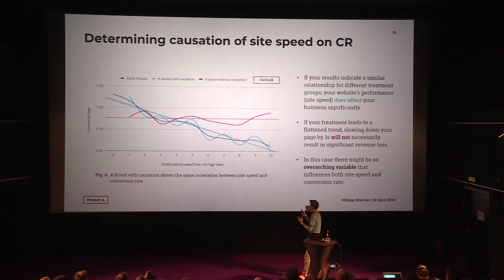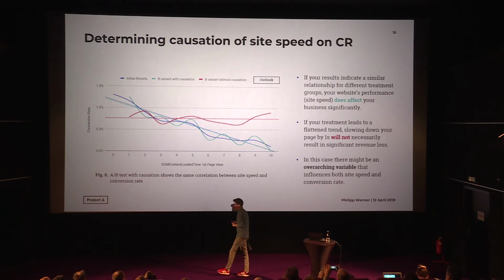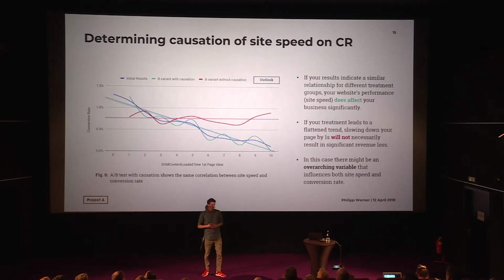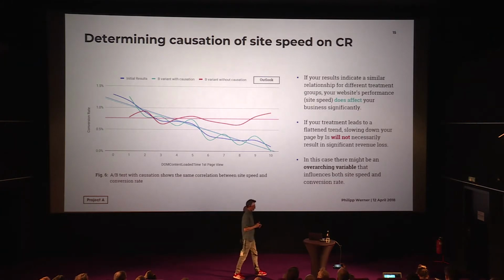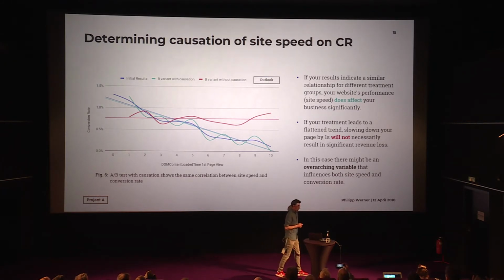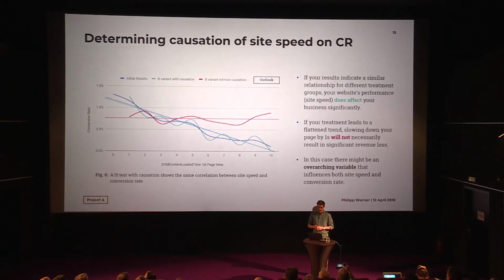So if it looks a bit like the green line, the trend is comparable to the trend that we had before. We have causation, and if we don't, then there's probably some other variable. Remember, drinking too much, going home, sleeping with your shoes on, that will influence the conversion rate.